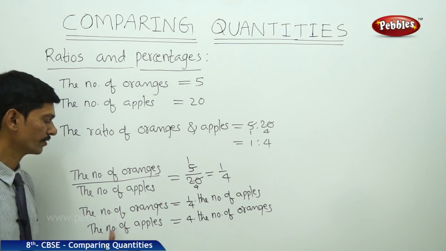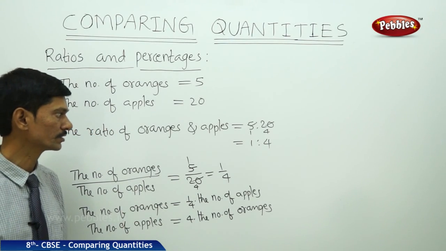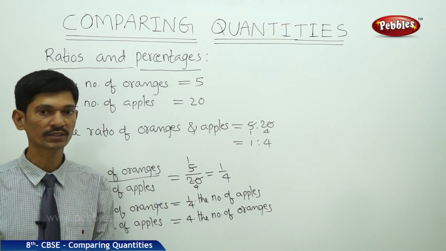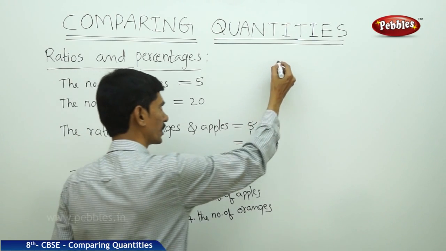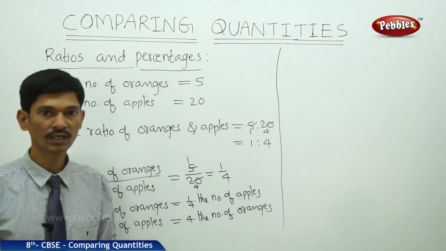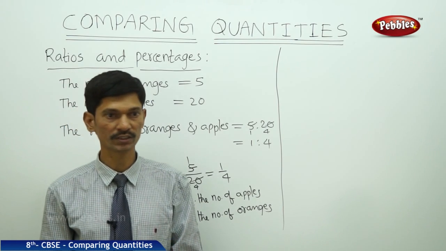Means the number of apples is 4 times the number of oranges. So we can compare the two quantities by using the ratio or by using the fraction, and the ratio can also be compared with percentage. Now let us see how the ratio terms can be compared with the percentage.